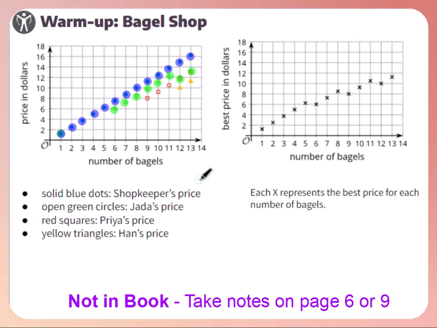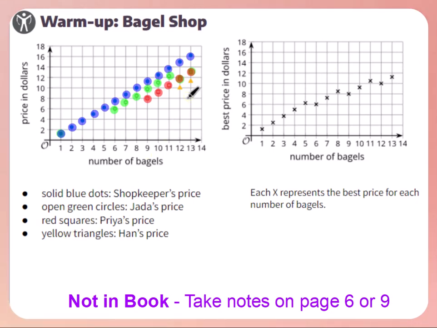And then the red squares, that's Priya's price. At 9 bagels, she saw that bulk discount, and then she used that rule. So we kind of overlap here if we're graphing everyone's reasoning and points. It's one way to look at this and organize the information.